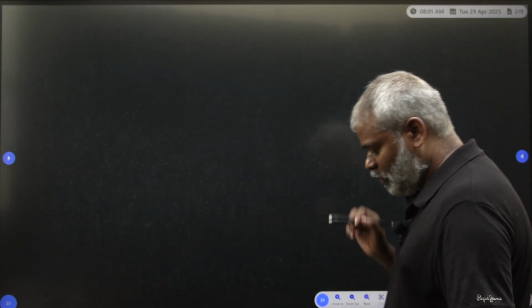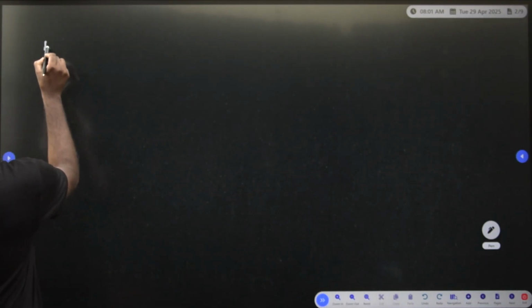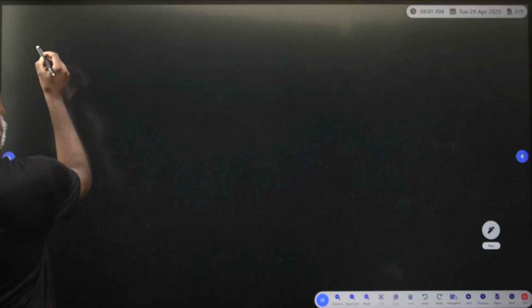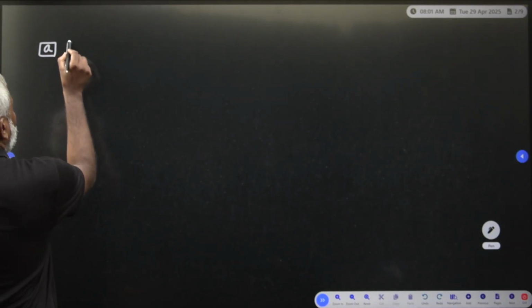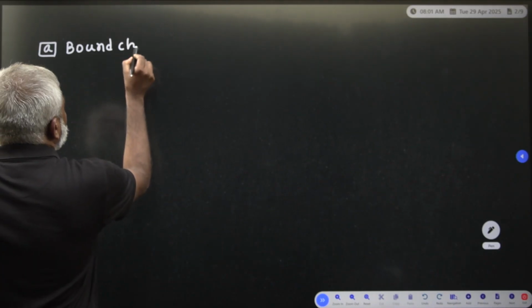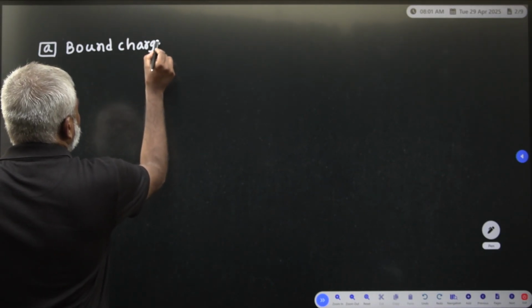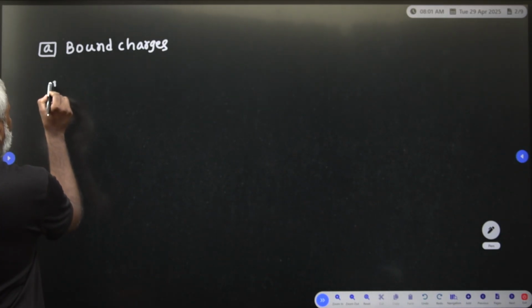So, the first step is to calculate the bound charges. In step A, you calculate the bound charges. In the bound charges, two varieties are there.